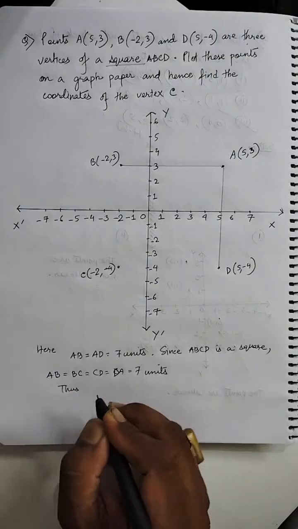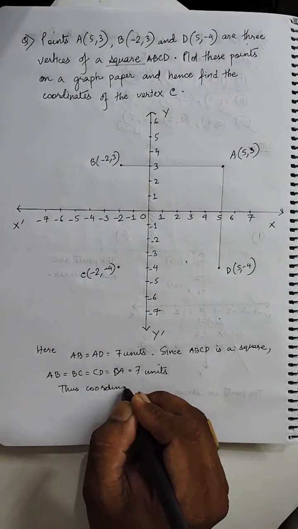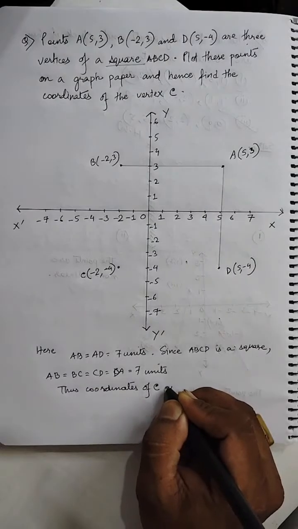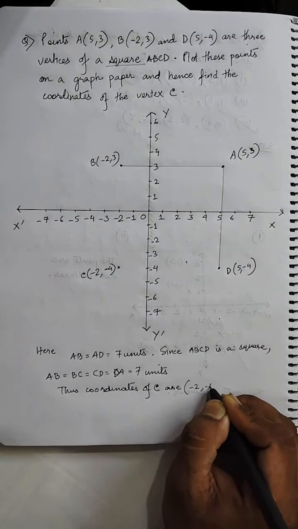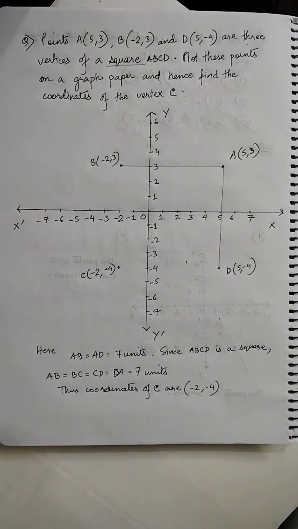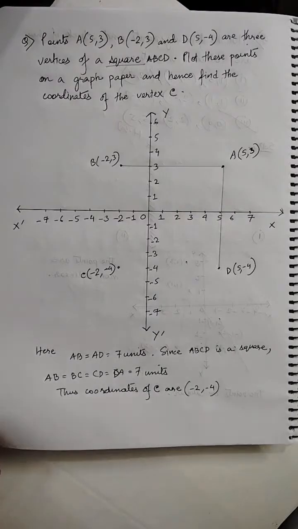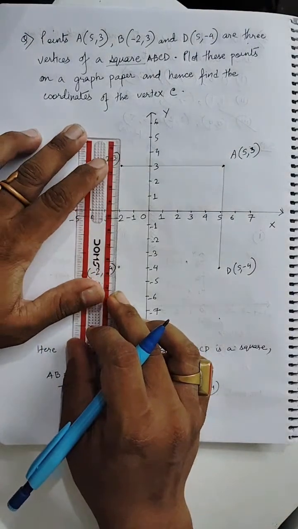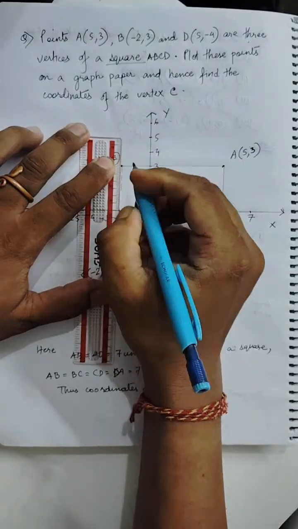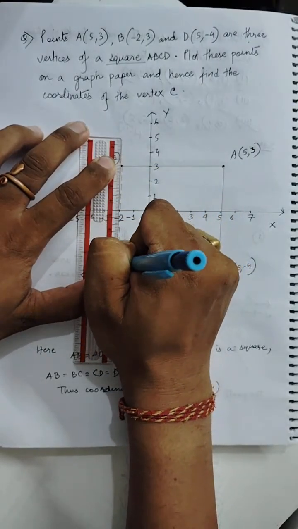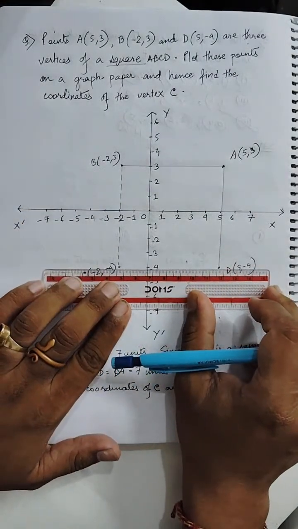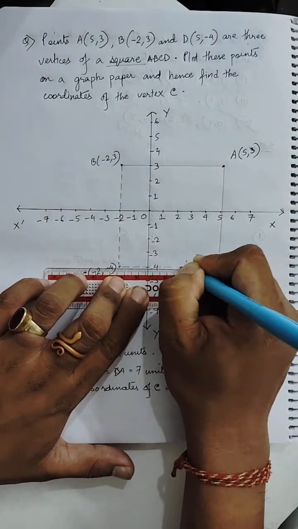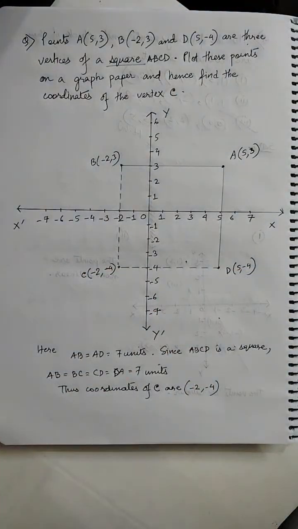Thus coordinates of C are -2 and -4. तो इनको ज्वाइन कर देते हैं. लेट अस ज्वाइन देम यूजिंग डॉटेड लाइंस. ठीक है, तो ये बन गया हमारा स्क्वायर.